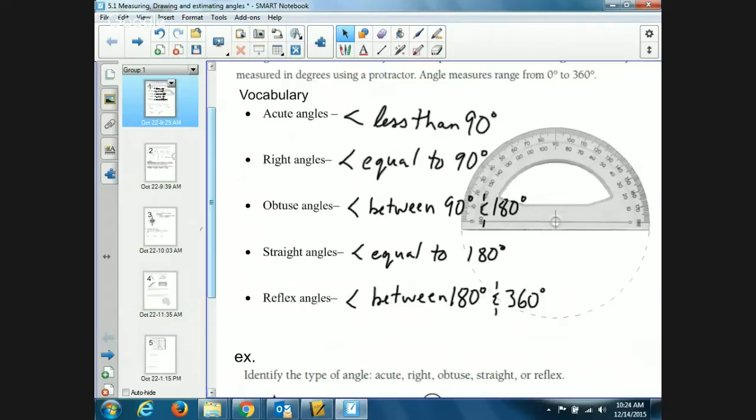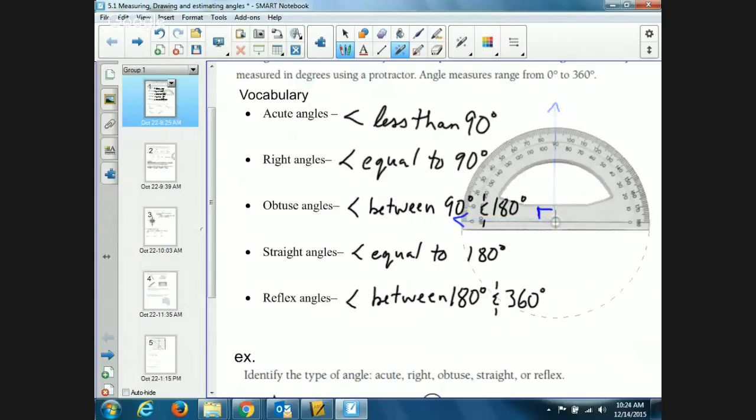But an acute angle, you don't need a protractor for this, but I'm just emphasizing. It's an angle less than 90 degrees, so this would be an acute angle. A right angle is equal to 90 degrees, so what I'm drawing right now would be a right angle. And typically, we put a little box in the middle there to indicate that's a 90-degree angle.